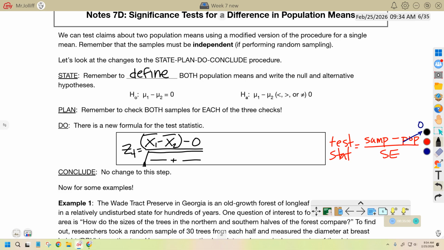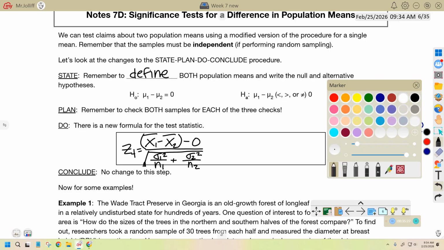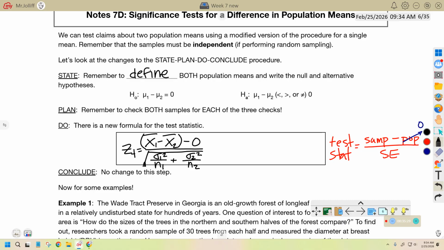And if this is a Z test, am I using sigma or Sx? Sigma. I have the population value, I should use it. Sigma 1 squared over n1, sigma 2 squared over n2. I'm sorry, I know that got kind of squishy. I'll make my pen thinner and see if that helps for the next one.